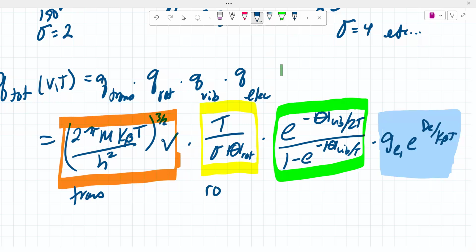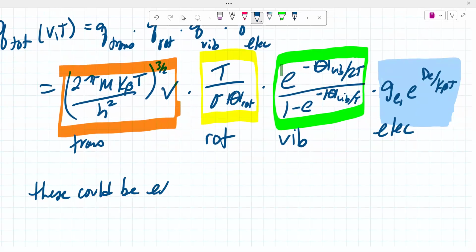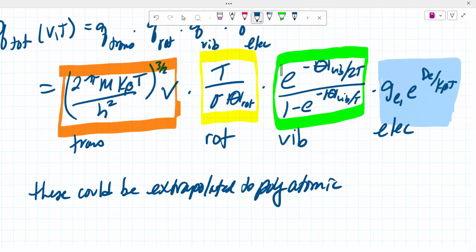This is the rotational. This is the vibrational. And this is the start of the electronic. So then we could extrapolate this to the polyatomic, to make this work for real molecules.